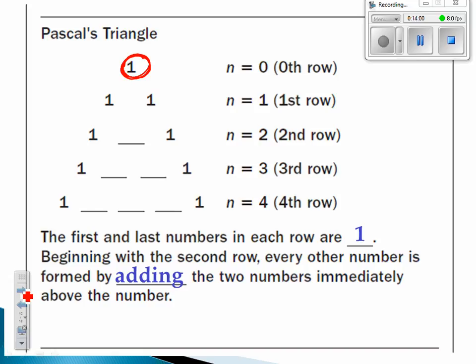Then we come down, and we've got our first row. Then our second row has this blank right here that we need to fill in. The way we do that is we add the 2 numbers directly above it. So we get the 2 by saying 1 plus 1.